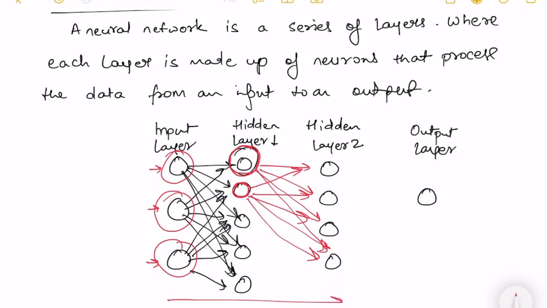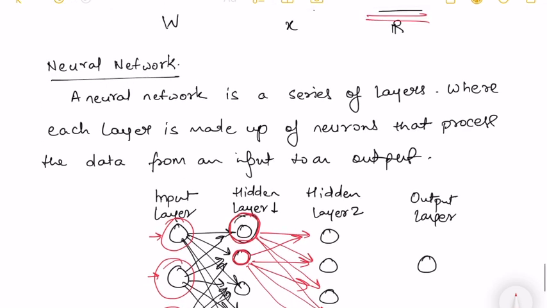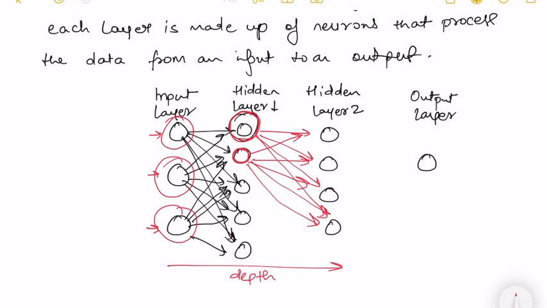A series of such layers. The deeper your architecture is, the greater the capability of the neural network to process more complex data, and it also increases with the width of the network. The width of the network is defined as how many neurons the network has in each layer.